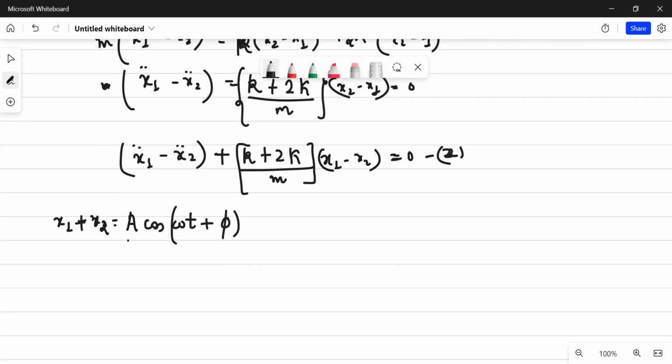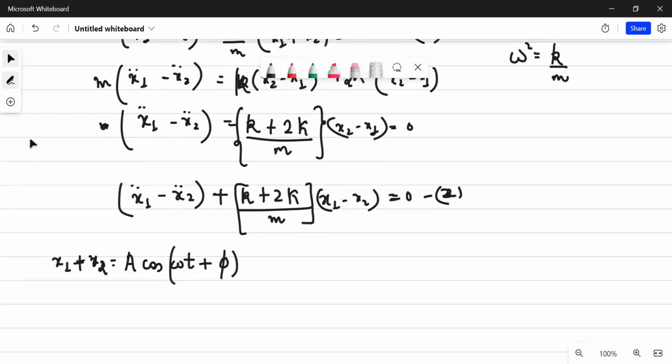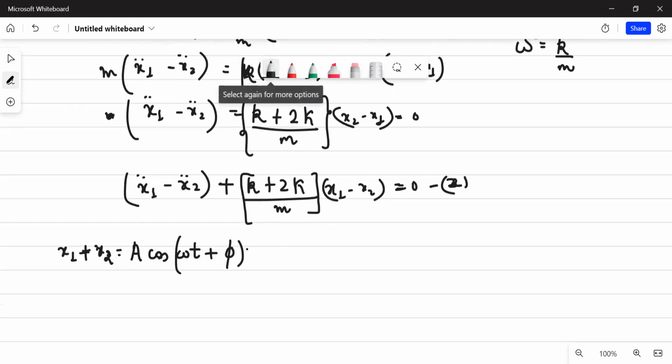This is quite clear, because here you have k by m, so omega square is equal to k by m.